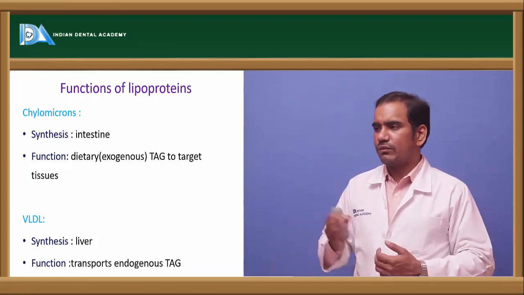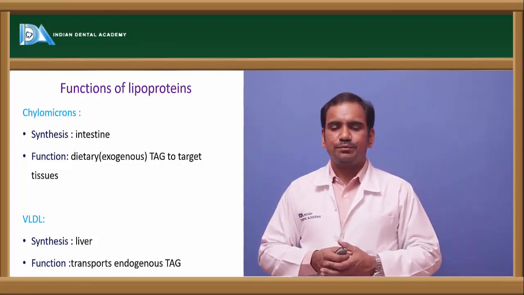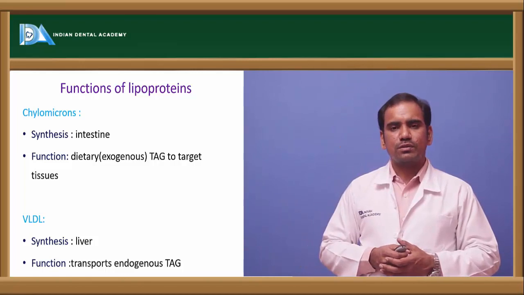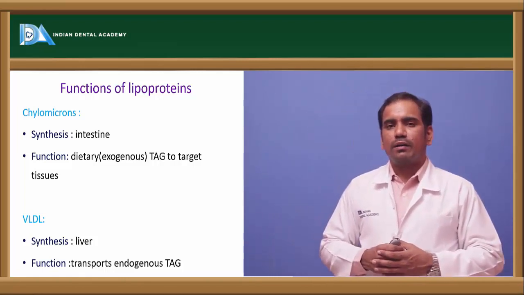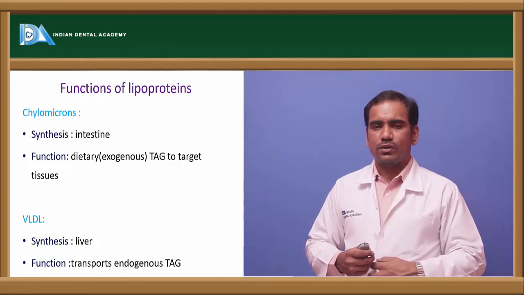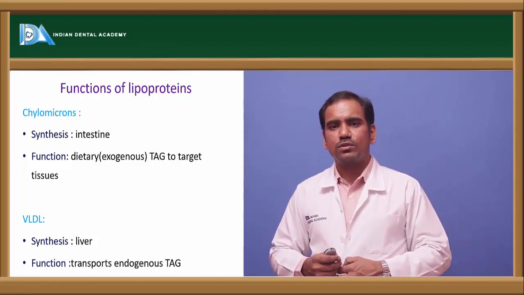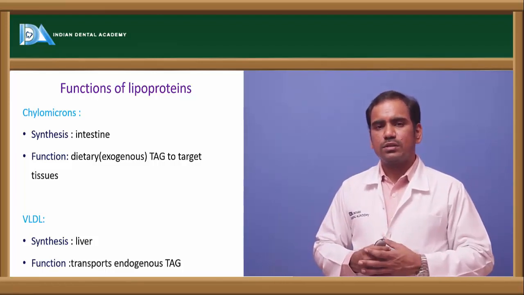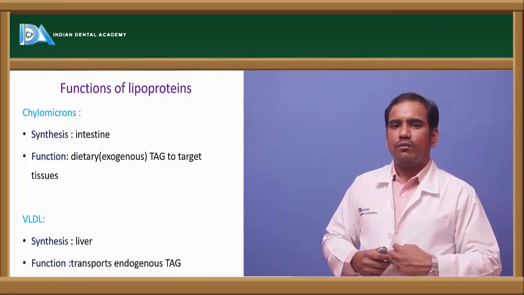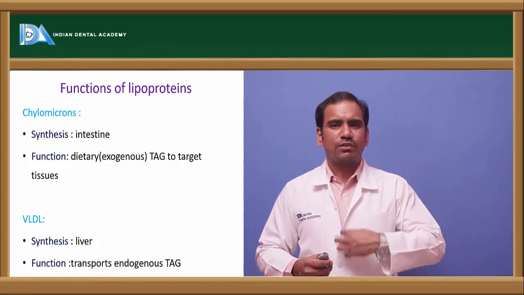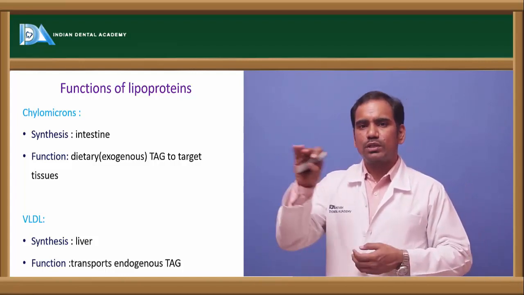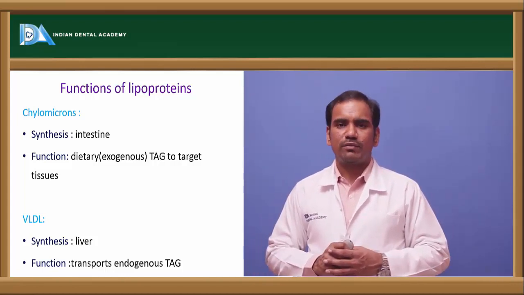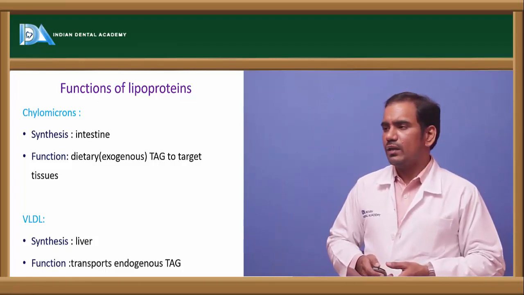So it transports endogenous triacylglycerols. Chylomicrons transport exogenous triacylglycerols, whereas VLDL transports the endogenous triacylglycerols. Whatever is synthesized in our body, in the liver, is transported to the peripheral tissues by the VLDL.